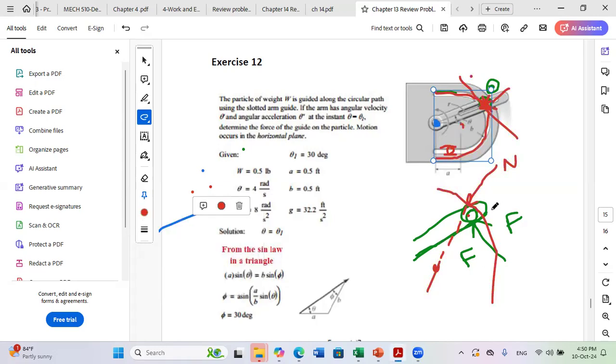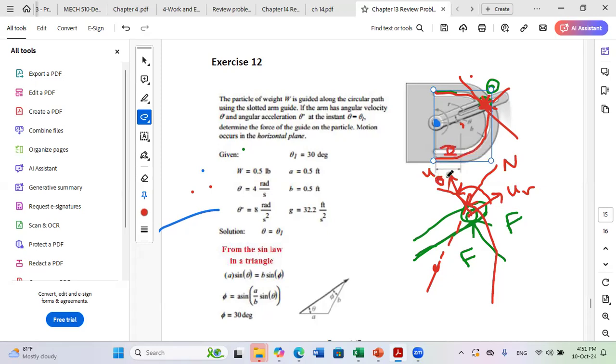UR is directed from the origin towards the point, from the particle to the outer side. This is UR. So F, the force of the arm, is along U theta. It's perpendicular to UR, and we rotate along the positive theta direction, which is counterclockwise. So this is U theta.